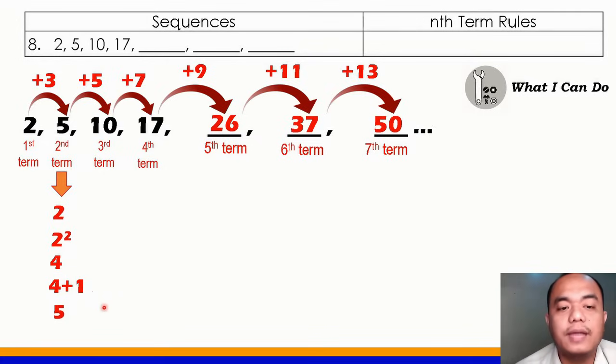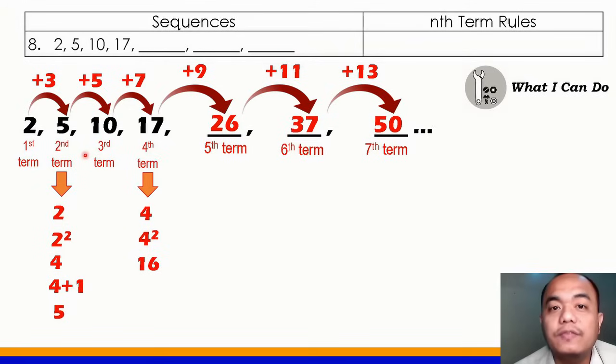Okay, so that's 5. And then, let's do the same with fourth term. Fourth term is 4, right? And then we square the 4, and that is 4 times 4 is 16. And ilan na lang yung kulang para makuha yung 17? Yes, that's 1. So that makes it 17.